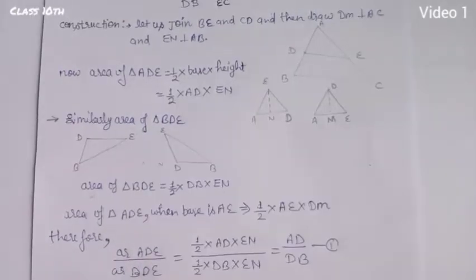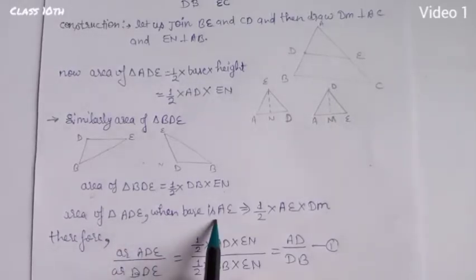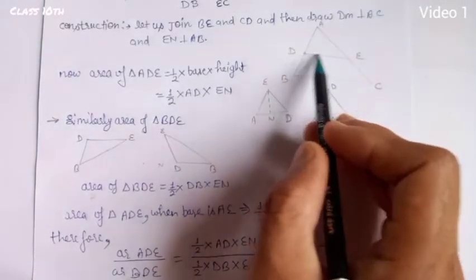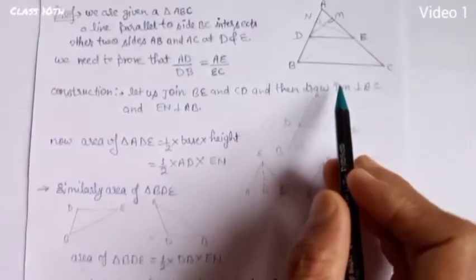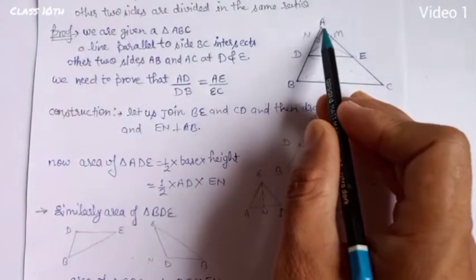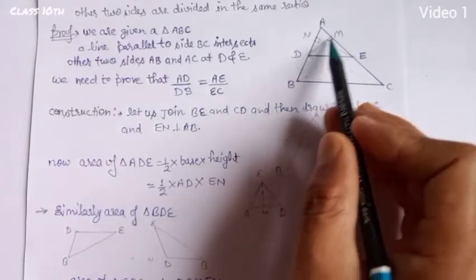In a similar way, students, consider the area of triangle ADE when the base is AE. Here you can see in the figure that this triangle ADE is the same as seen above. When the base is AE, what is the perpendicular? It is DM.